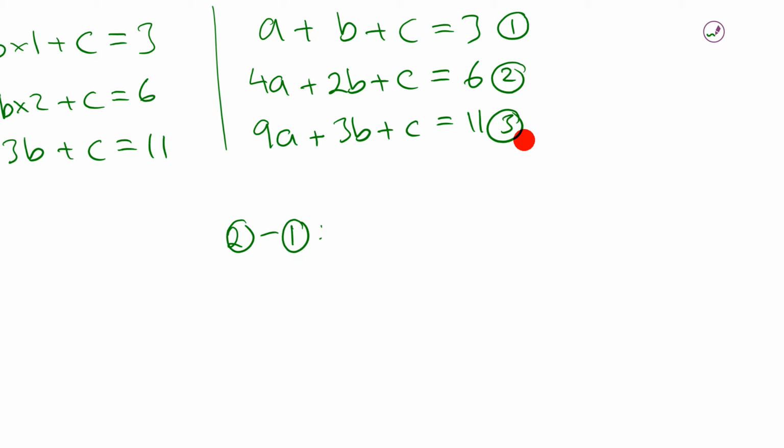That would be 3a plus b equals 2, and the c's will cancel out. So it'll be 3a plus b equals 3. Nice. Let's call that equation 4.